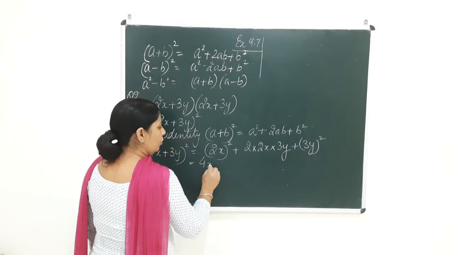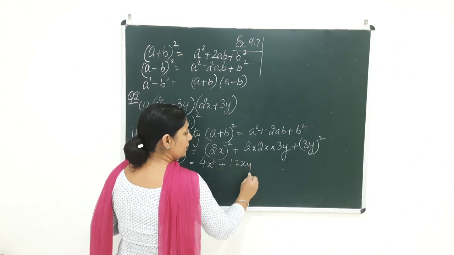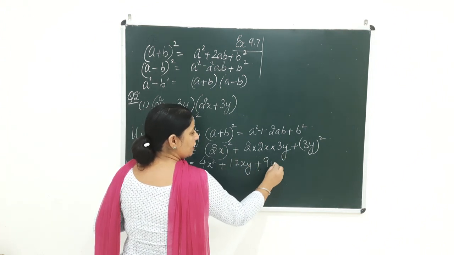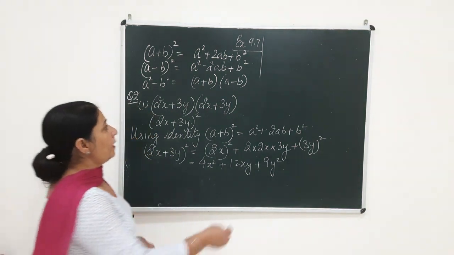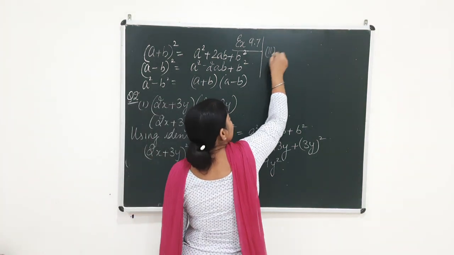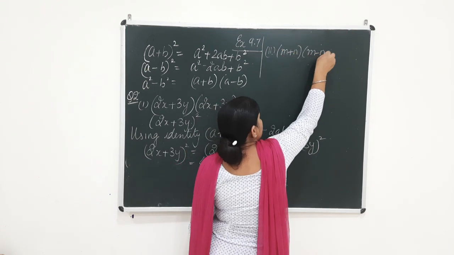2 squared is 4, plus 2 twos are 4 and 4 threes are 12xy, plus 3 threes are 9y². Clear? Now if I take the second part, beta, the second part is (m + n)(m − n).